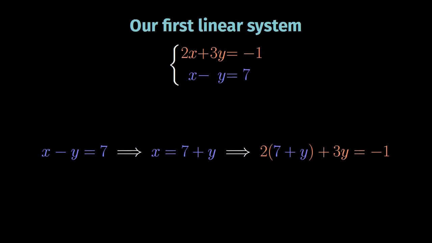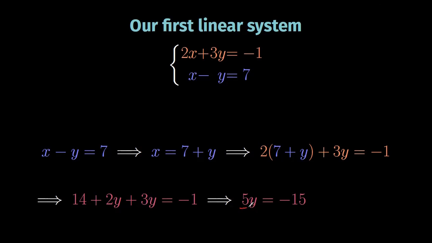Now we change the color of the equation because we actually obtained a new one, colored in purple, where 14 plus 2y comes from what before, in the previous equation, was 2 times 7 plus y in brackets. Now, 2y plus 3y is 5y, and the constant terms give rise to equal -15.